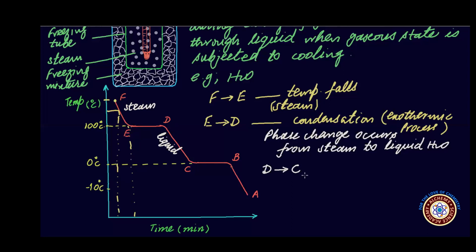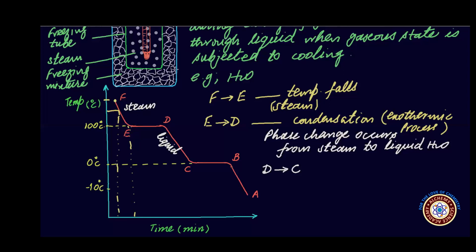Again, it can be explained with the help of kinetic particle theory. As the temperature is decreased, the liquid water is being deprived of its thermal energy, as a result of which the molecular motion becomes less intense and kinetic energy goes on decreasing until the temperature of the liquid water reaches 0 degrees Celsius.